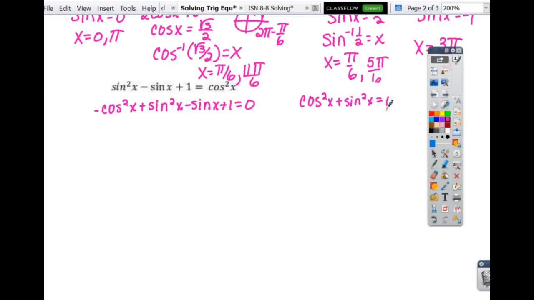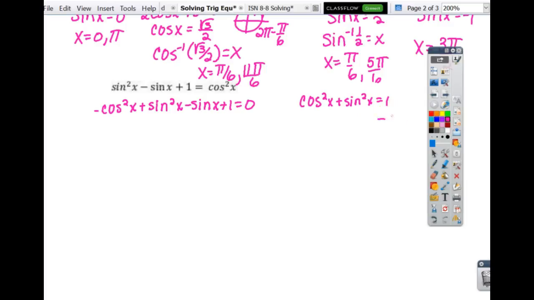Okay, can we finish this? Here I have a minus cosine squared, right? This is a positive cosine squared, but I need a negative. So I'm going to move it to this side, because I need a negative.